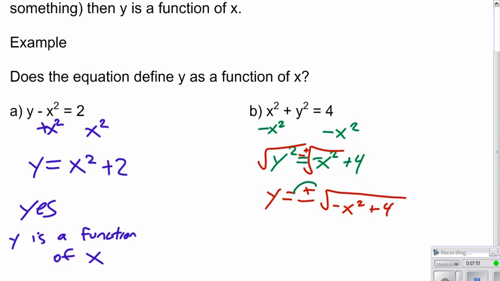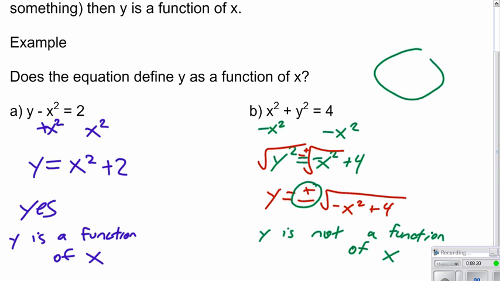In particular, this plus or minus means it's not a function. Y is not a function of x. And if we just think about that for just a second, we know x squared plus y squared equals 4. This is a circle with radius 2 centered at the origin, but we know a circle is going to look like that, which means the vertical line test is going to fail, so it's not a function.